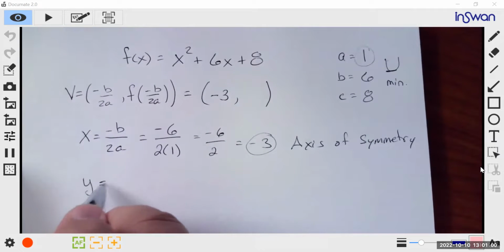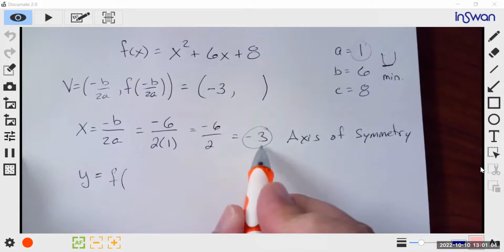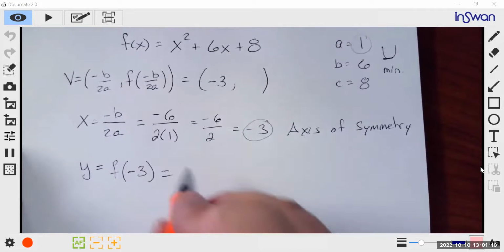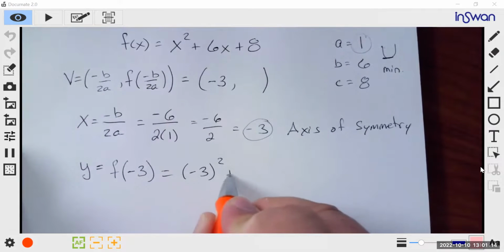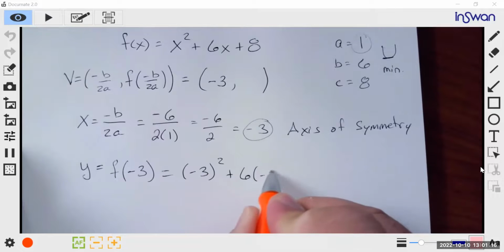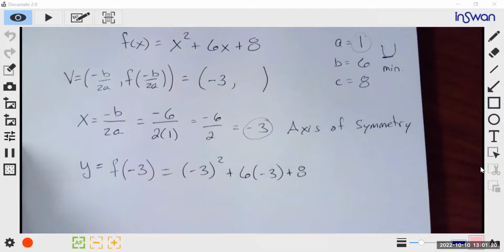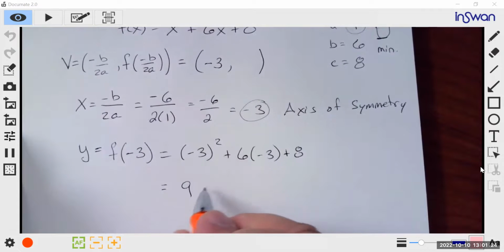The y value of our vertex is whatever we got from the x, plug it back into our function. Negative 3 squared plus 6 times negative 3 plus 8. Negative 3 squared is 9.